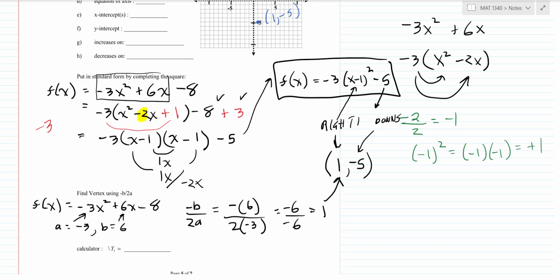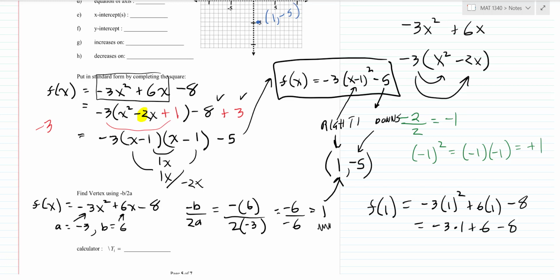And then what we have to do is f of 1. So once we find the x value of the vertex, then we plug that 1 back into the original function. So we would do negative 3 times 1 squared plus 6 times 1 minus 8. That would be negative 3 times 1 plus 6 minus 8.